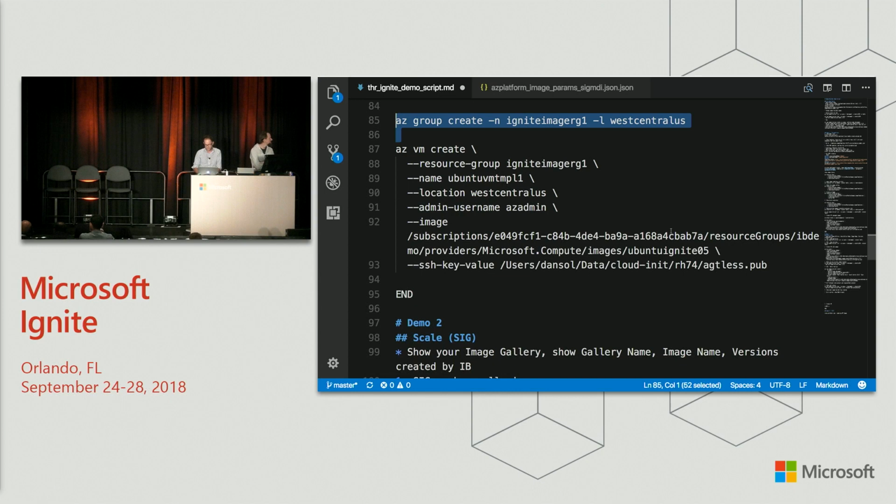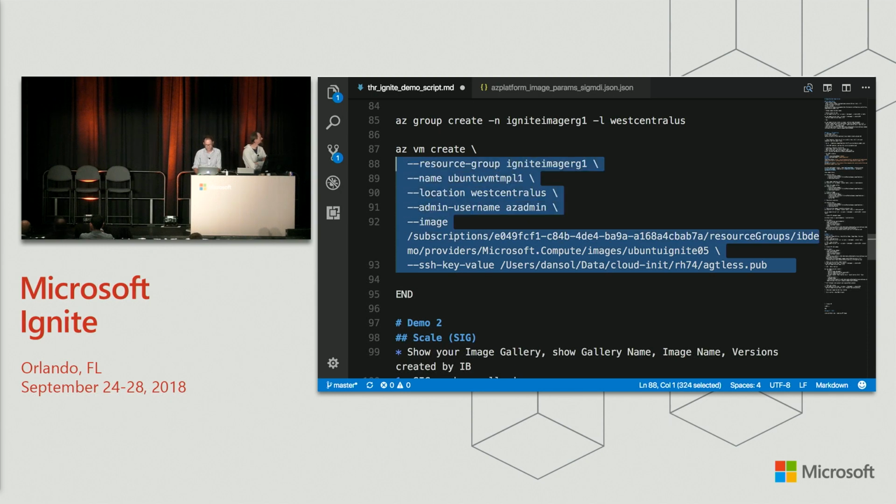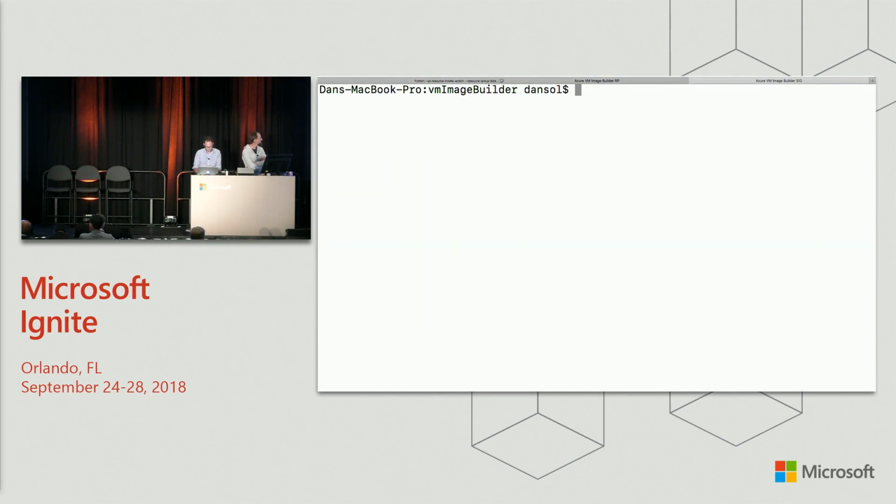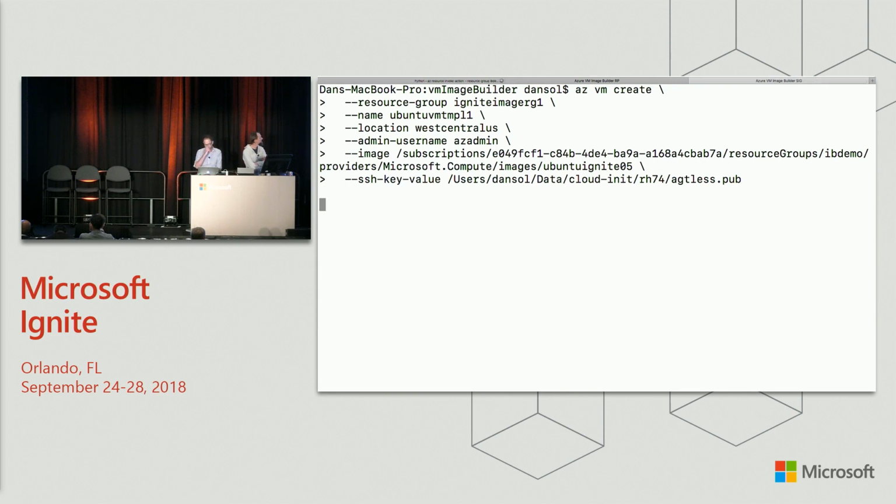So this one is in IB demo. That's where the image sits, where I'm actually creating a VM in a resource group called Ignite Image RG1. So now I can go and run that. And this will start running now in the background. Doing the donut thing. There you go. So that's running. So we're not going to wait for that.